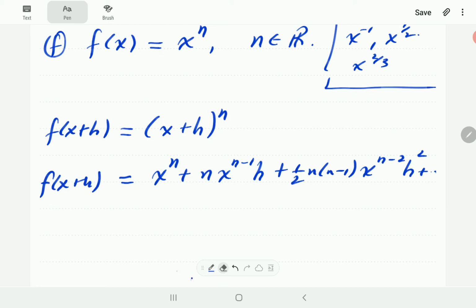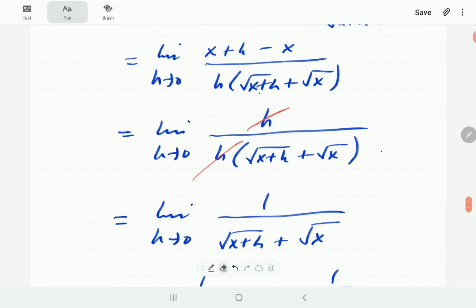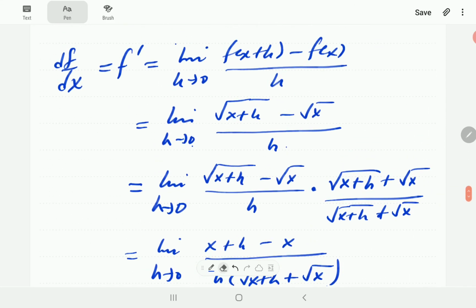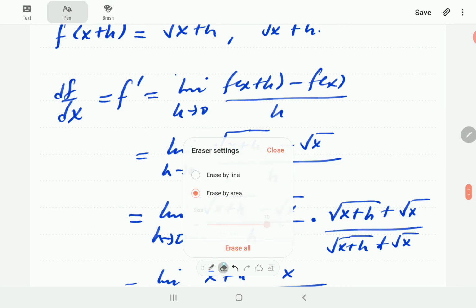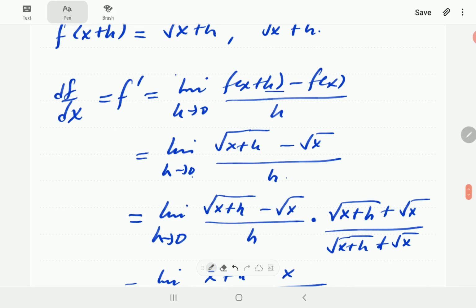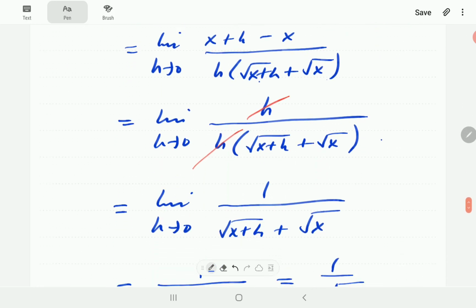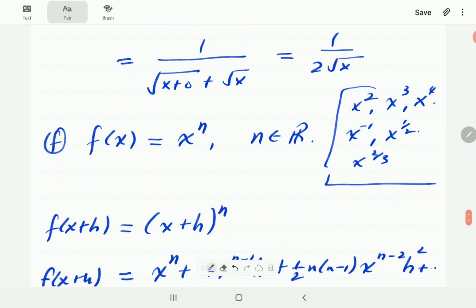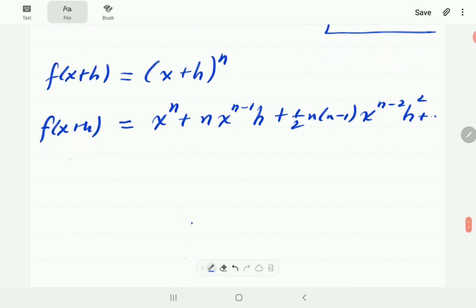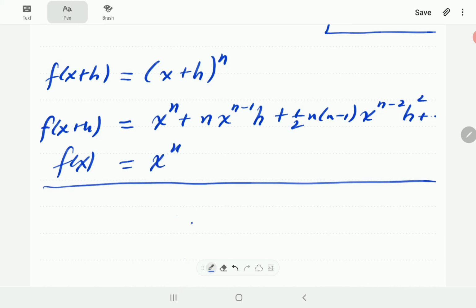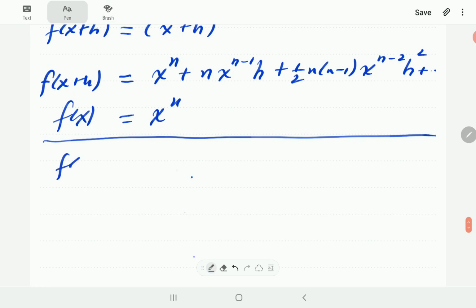Okay, this time I'm just going to work out this term before plugging in. So I'm going to bring f of x here. Then we're going to subtract, so f of x plus h minus f of x.